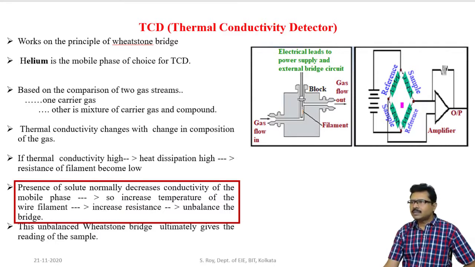So when conductivity decreases, what will happen? When the surrounding atmosphere conductivity decreases, then heat dissipation will decrease.